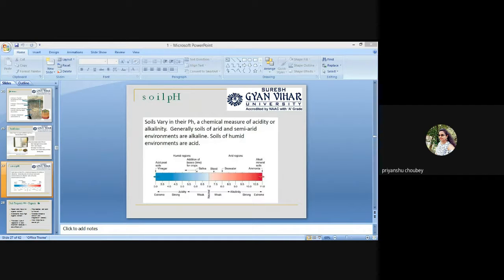Acid soils of peninsular India are distributed in almost all the states except the western states, where rainfall is low.